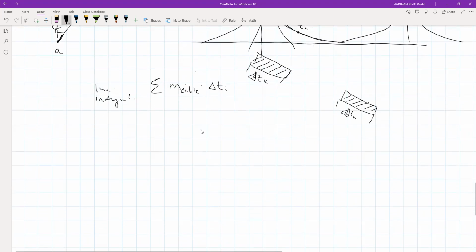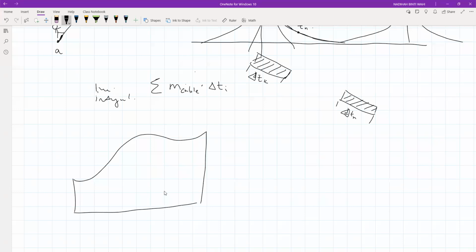Or another example, let's say I climb a mountain. So let's say this is the path that I've taken, my path. Its function is, let's say, f.